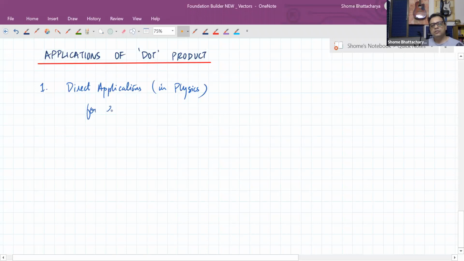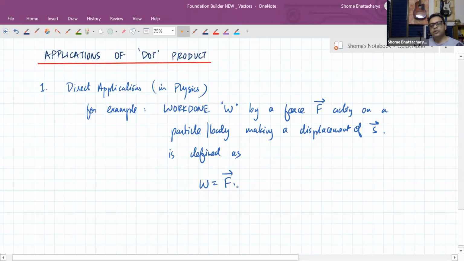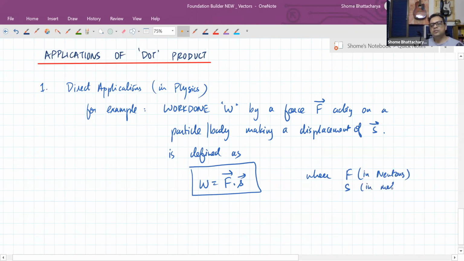For example, work done, say W, by a force F, acting on a particle or body, whatever, making a displacement of S. Okay, this work done is defined as F dot S. Okay, where force is in newtons, displacement will be in meters, so the work done will be in joules. This is the work done.